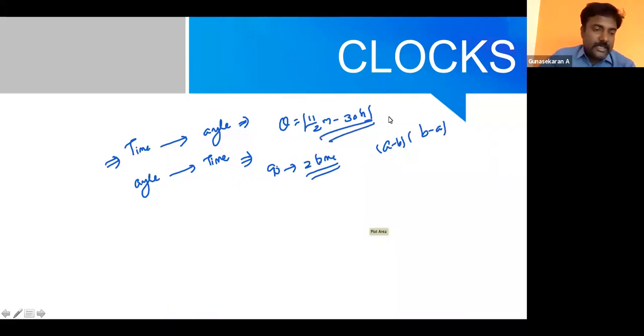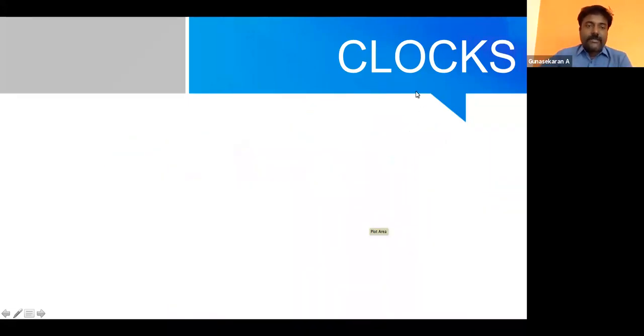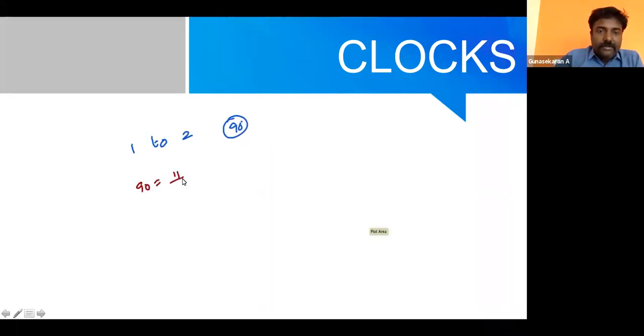Understand? So I'll explain. Say for example, between 1 to 2, we have done, right? 90-degree situation. I'll do now. See this. 90-degree equal to 11 by 2m minus 30h. See, between 1 to 2 means how we'll represent the time 1m, right? So minutes will be same, hours will be 1 hour, right? In the formula.